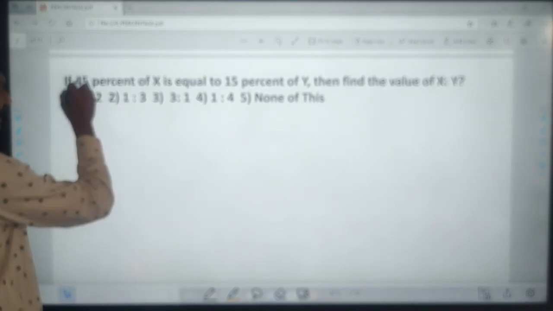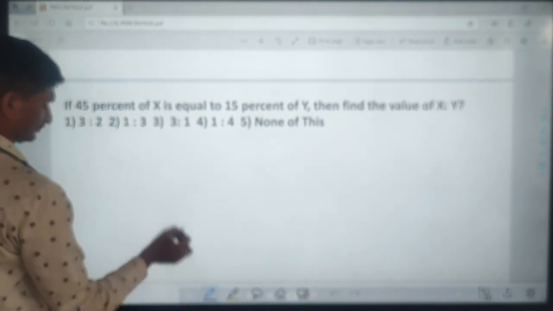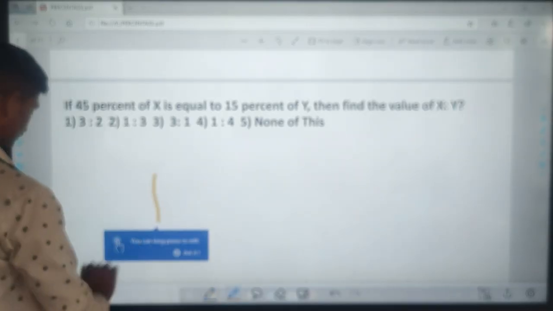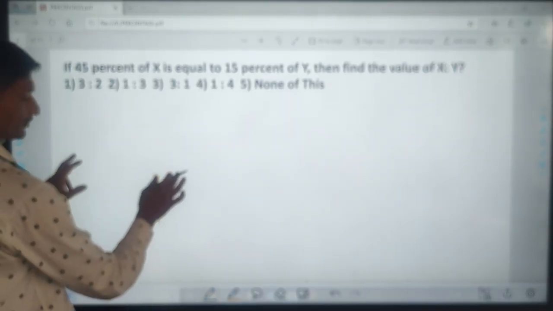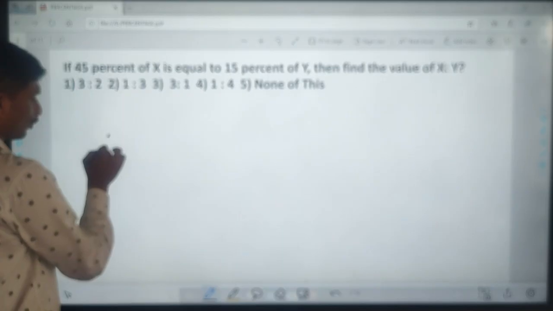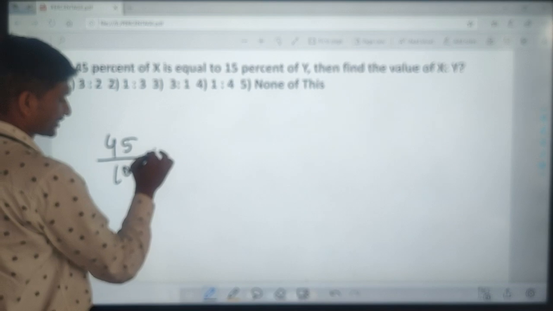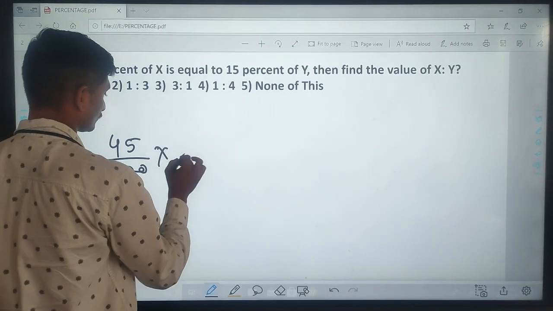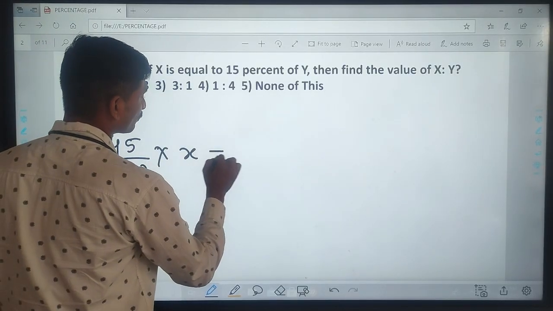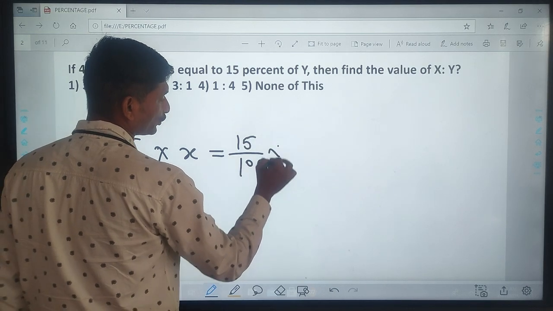Here we write 45% of x into x is equal to 15%, that is 15 divided by 100 into y.